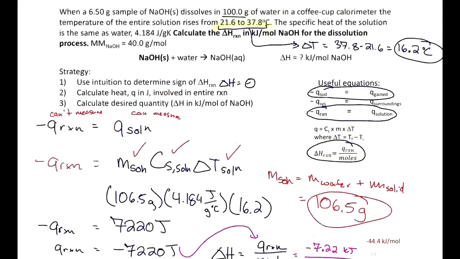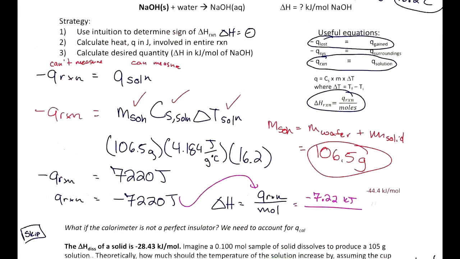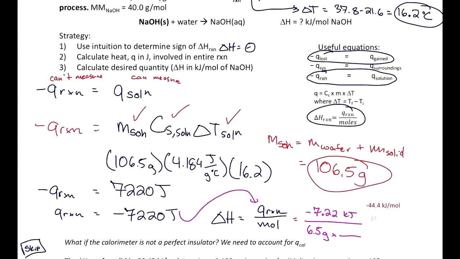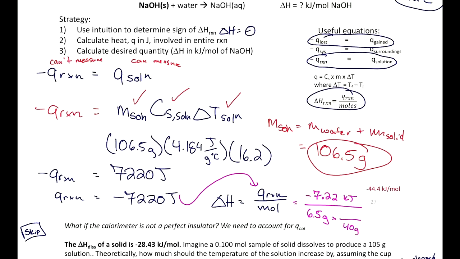In this case, I only dissolved 6.5 grams of salt, so I need to convert that to moles. What is the molar mass? 40. 40 grams is 1 mole. And that's how I get an enthalpy of dissolution for this process of negative 44 kilojoules per mole.